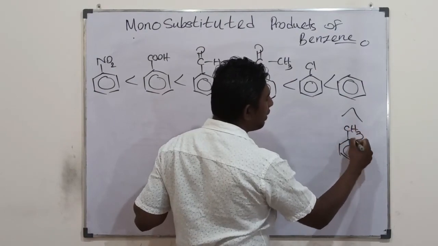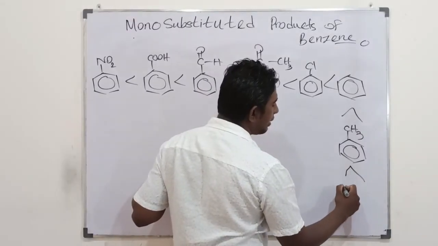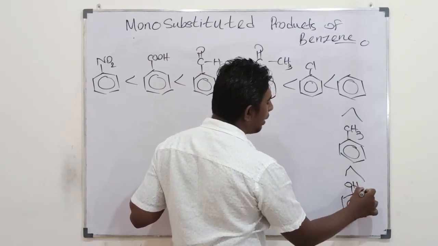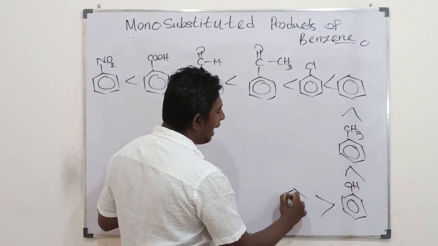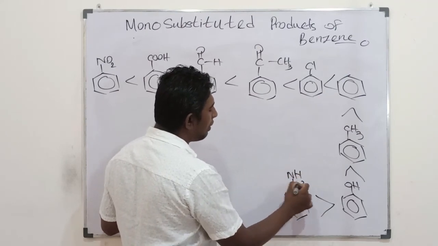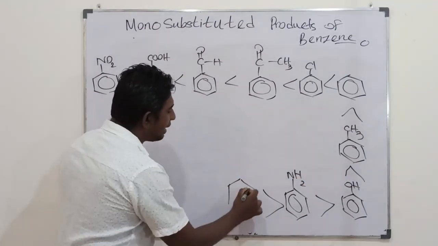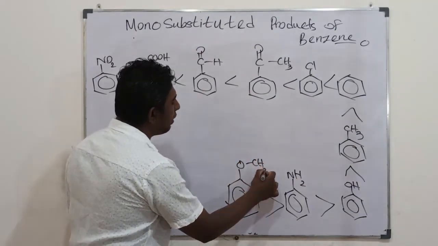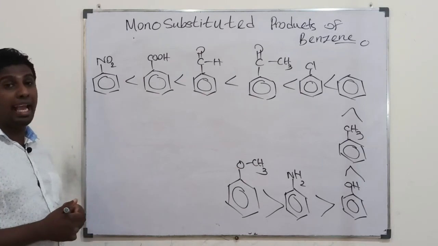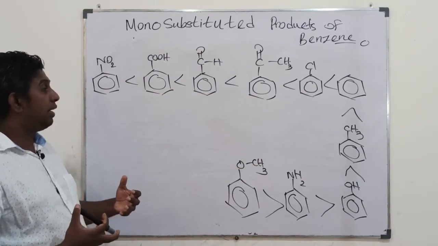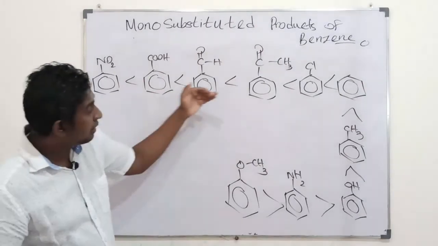Next is toluene, then phenol, then aniline, and the greatest in activity is anisole.